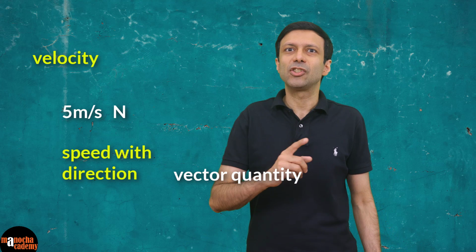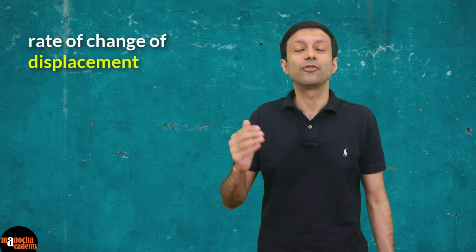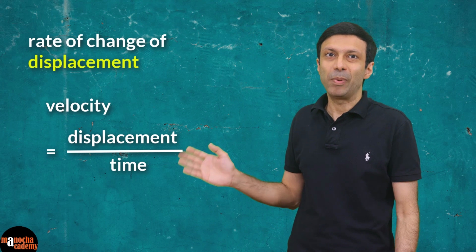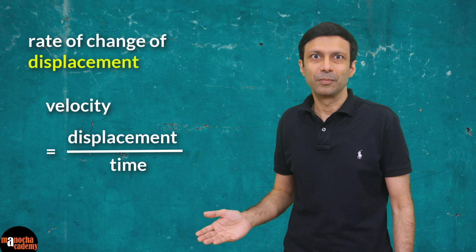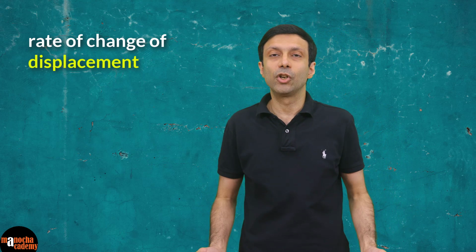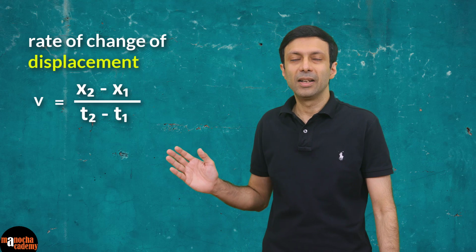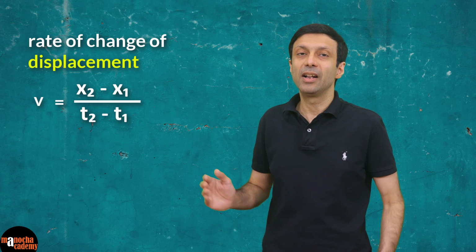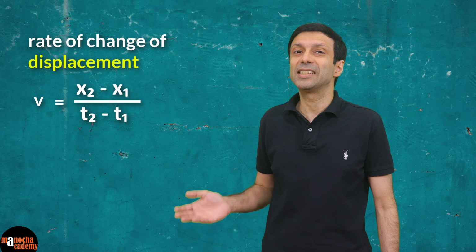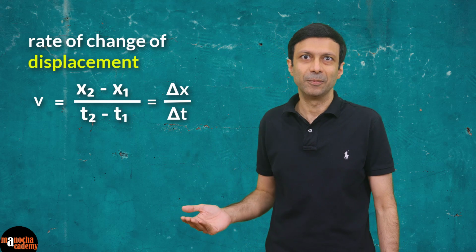Speed was defined as rate of change of distance. Similarly, velocity, which is a vector quantity, is defined as rate of change of displacement. Formula of velocity is displacement divided by time, or change of displacement divided by time. We can denote it as the velocity v is x2 minus x1 divided by t2 minus t1, which is represented as delta x by delta t.